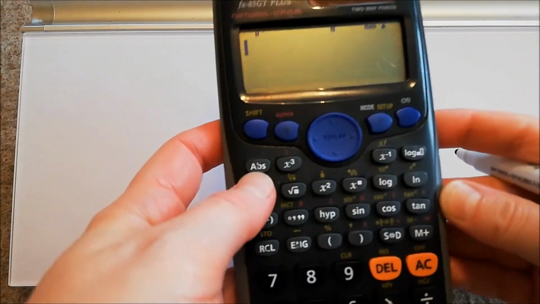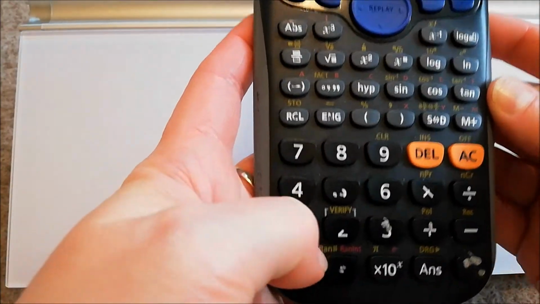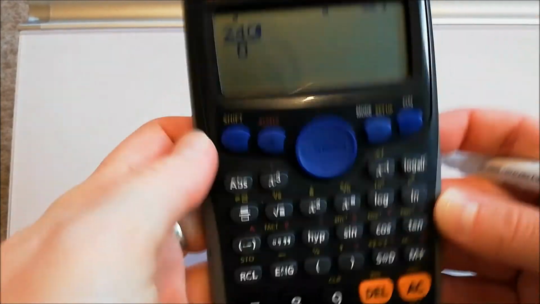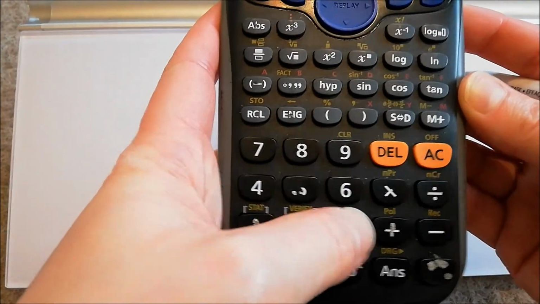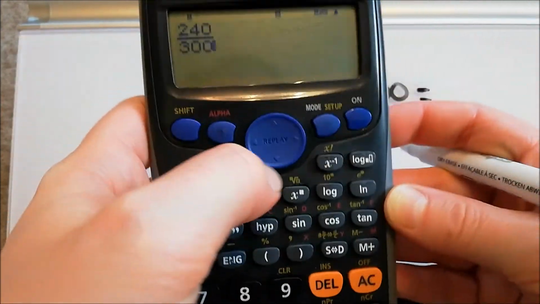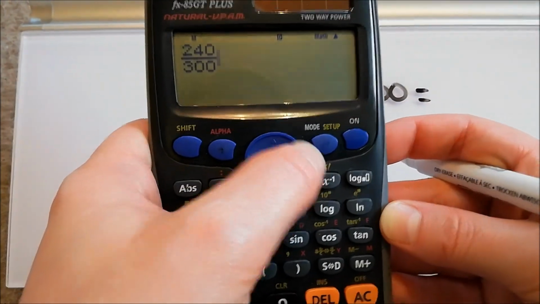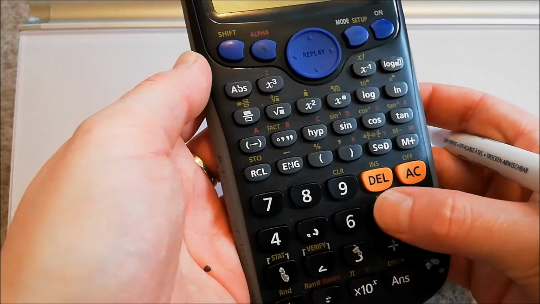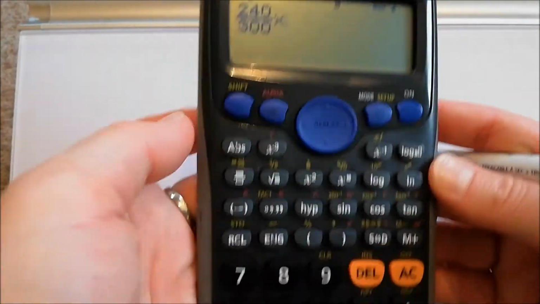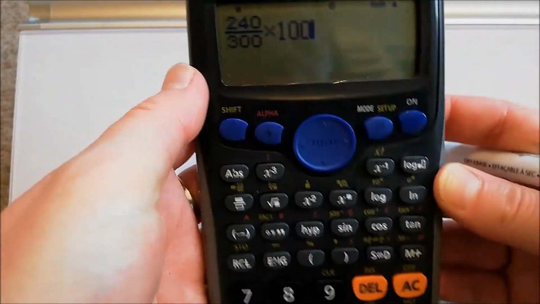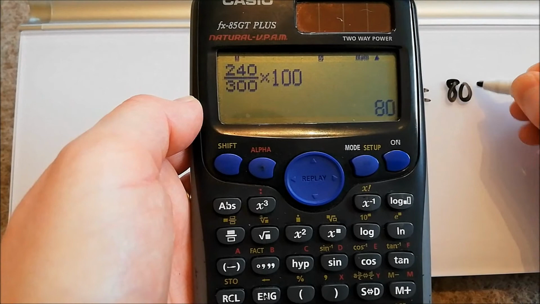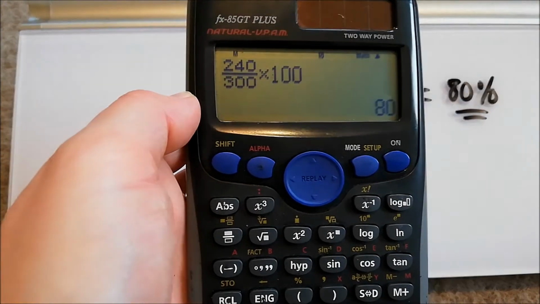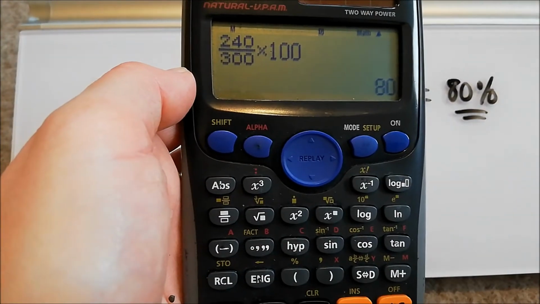So if I press my fractions button and put 240 at the top, press the downwards arrow and 300 on the bottom, press my right hand arrow to move to the side of the fraction to put times 100 equals, and it just gives us 80, which would be 80% because we're being asked what percent is this.